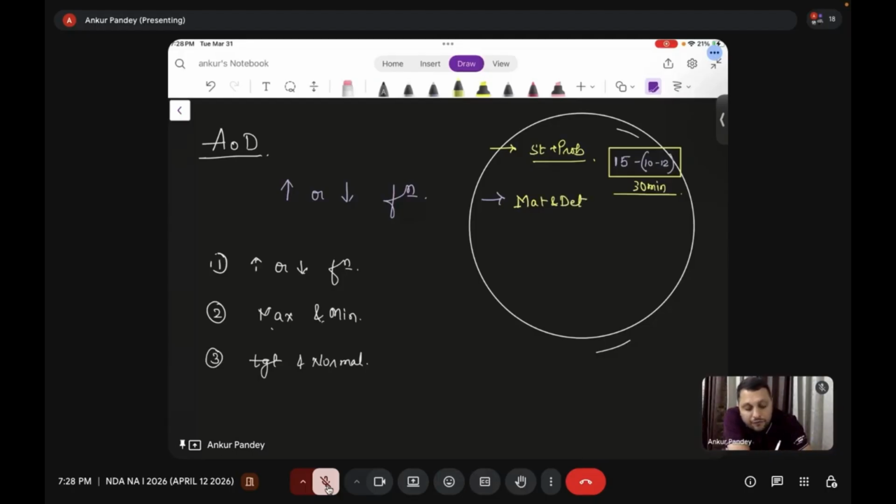Or if your coordinate geometry is strong, you can also prefer two-dimensional coordinate geometry and three-dimensional coordinate geometry. Matrices and determinants also give you 14 odd questions. 2D and 3D combined give you 18 questions. Okay?